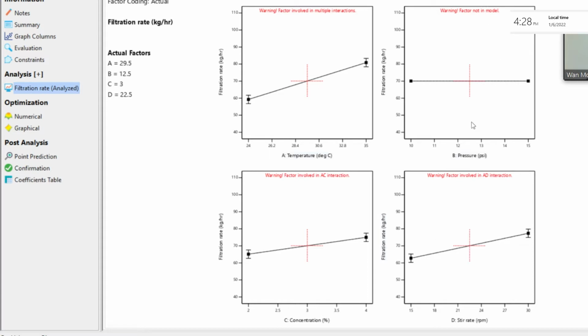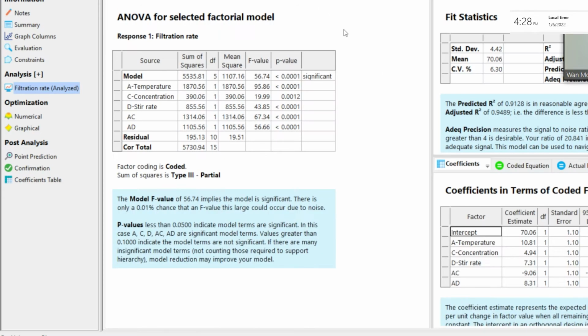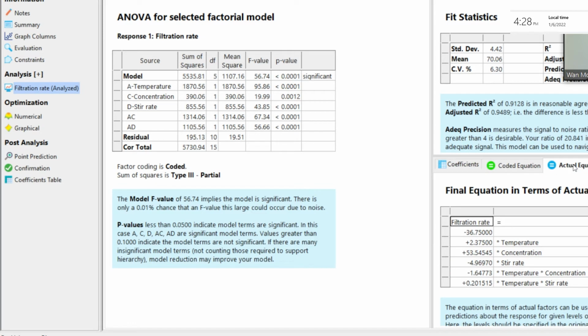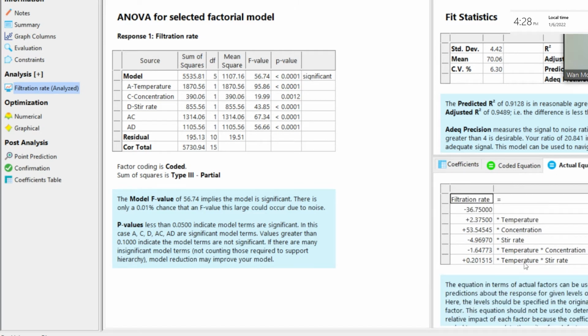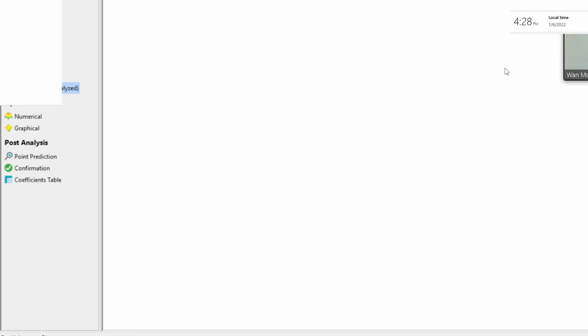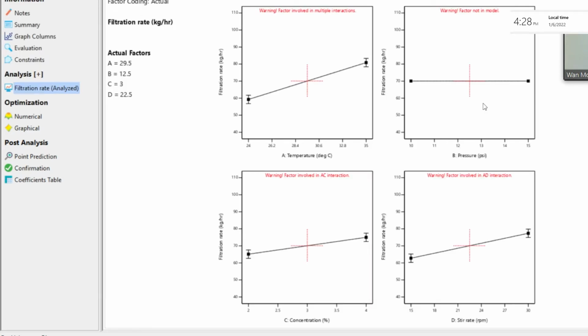The factor pressure is not in the model, because if you look at the ANOVA here, our actual equation, you can see there is no pressure. So this model graph helps to predict something. That's why it says warning, factor not in the model.